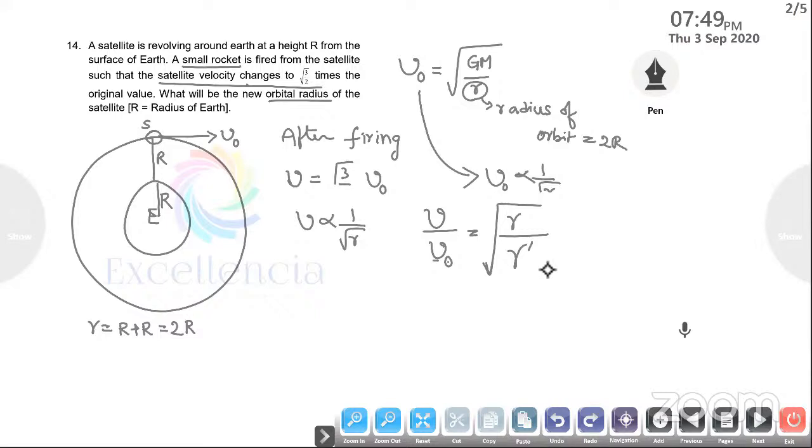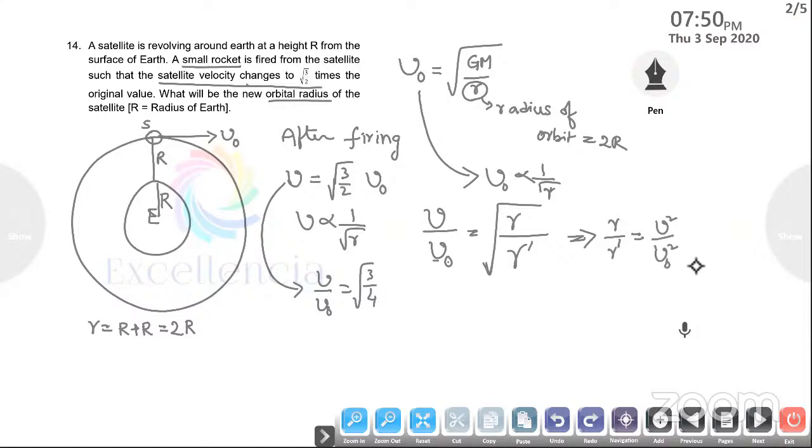So from here you can see, v divided by v0 is equal to √3/4, and from here r divided by r dash is equal to v square divided by v0 square, which comes out to be 3/2.